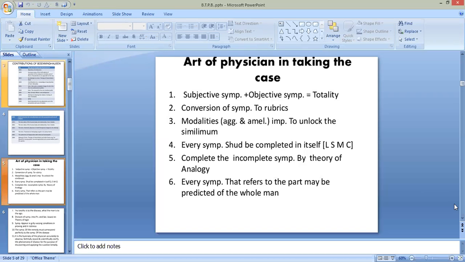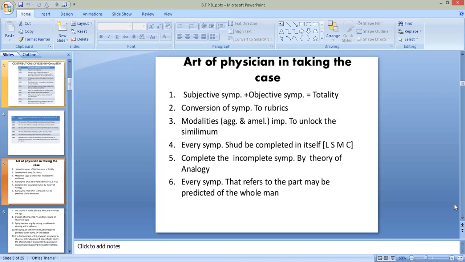At that time, we have to select the remedy which will cover those remaining symptoms, and the patient gets cured. So the complementary remedy should be the remedy which covers the remaining action of the previous medicine and completes the cure. So it is called a complementary remedy.